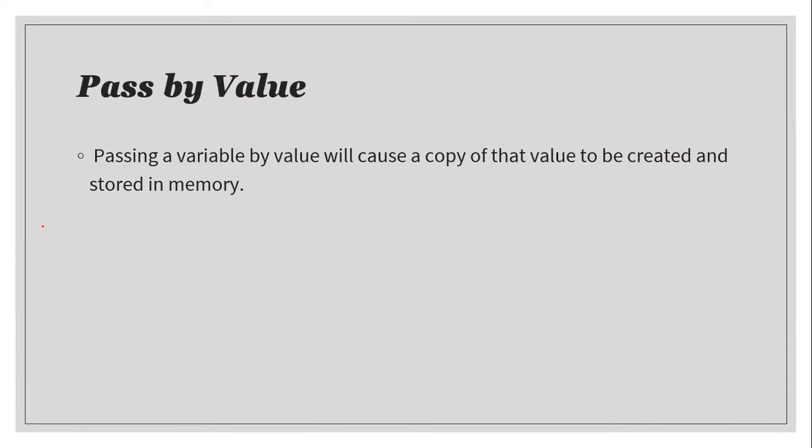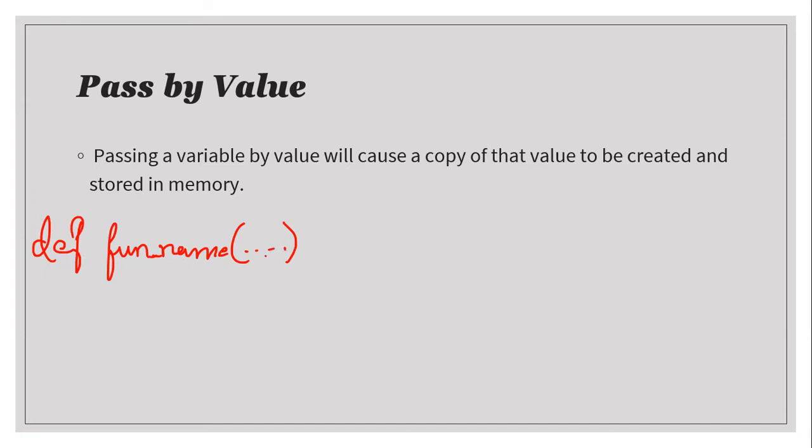Now we will talk about pass by value, but before that, let's try to understand how to work with the function. We have already seen that there is a keyword whenever we are declaring a function. So we have to use the keyword def, then the function name, a parenthesis.